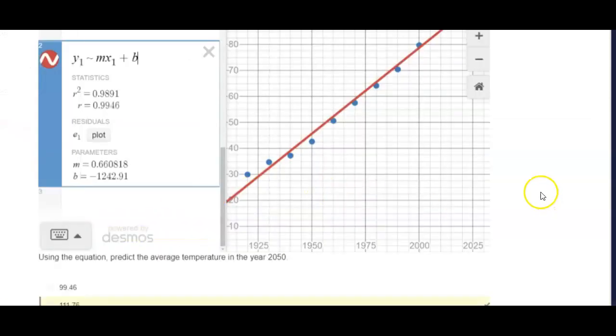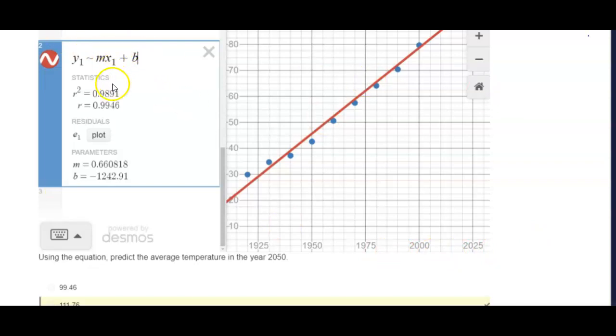Let's check out the next one. So it says they've already typed in the calculator. They've got a scatter plot and they have a line of best fit. And it says using the equation, predict the average temperature in the year 2050. So our graph does not go all the way to 2050.